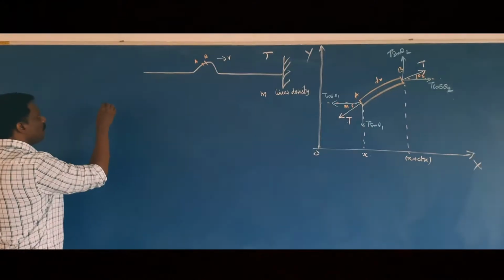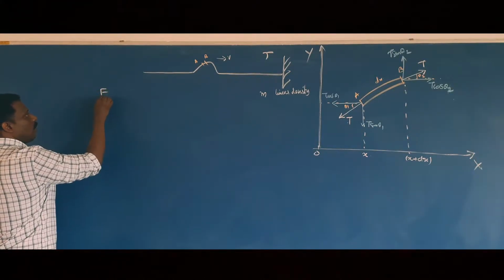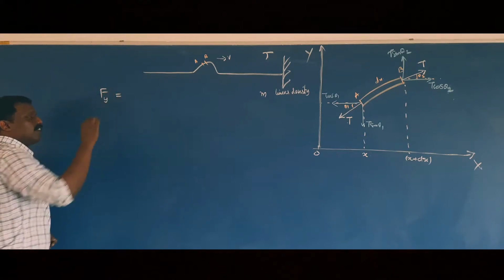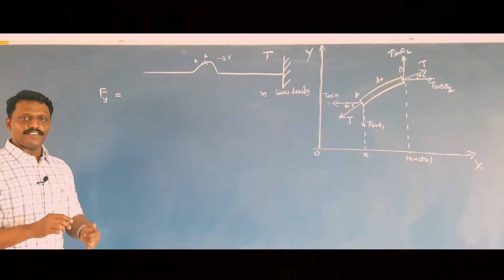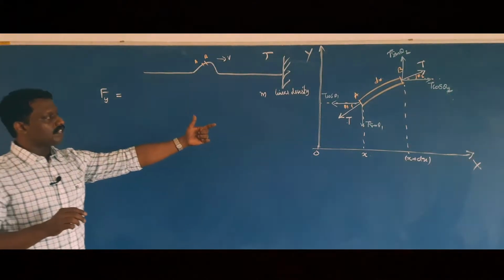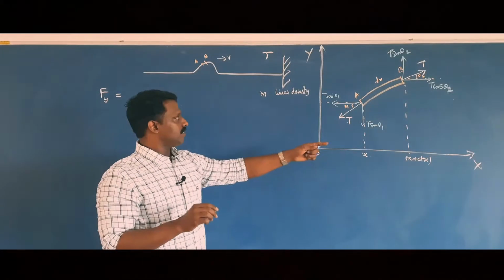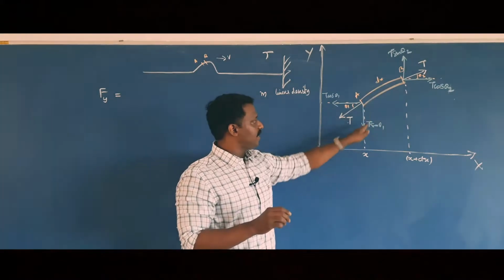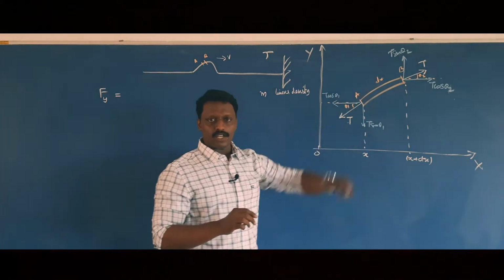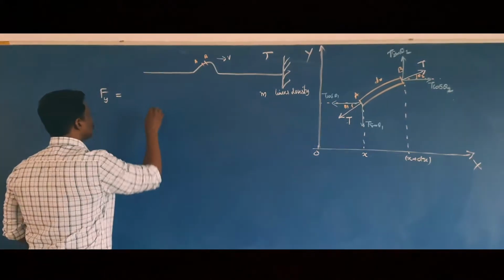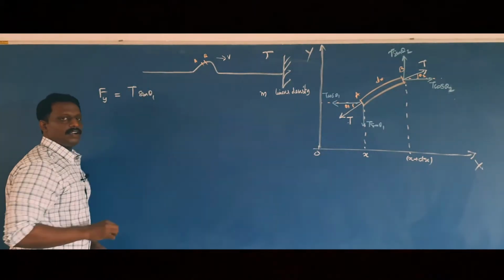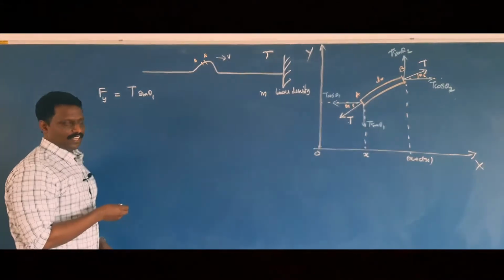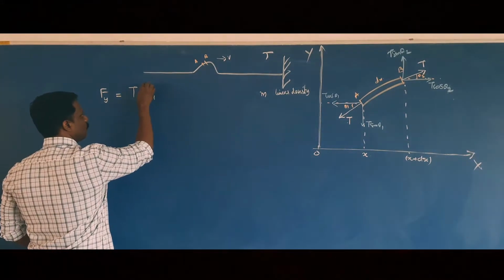So the force on the segment AB in the vertical direction, that is the y direction, is given by the vector sum of the forces acting in the vertical direction. So we have the T sin θ1 and T sin θ2 in the opposite direction. So the vector sum yields T sin θ1 plus negative sign T sin θ2.